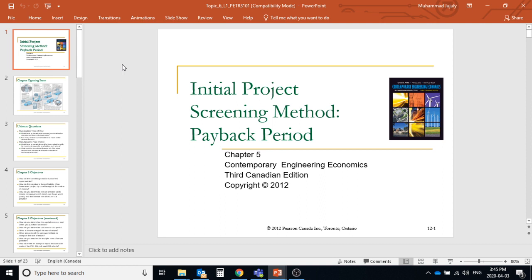Again, I want to remind you, if anyone fails to attempt the final exam, he or she will be marked as incomplete, and incomplete means that you have to register after the semester is over, then reappear for the final exam to get the grades.